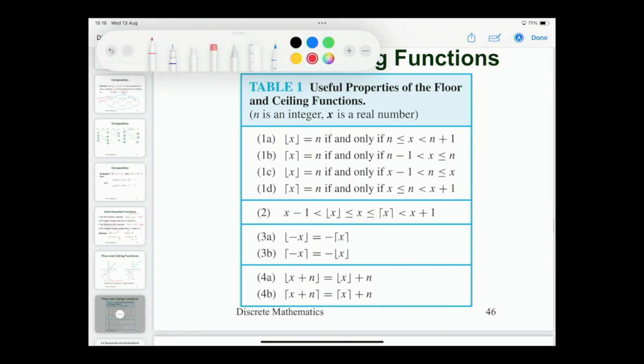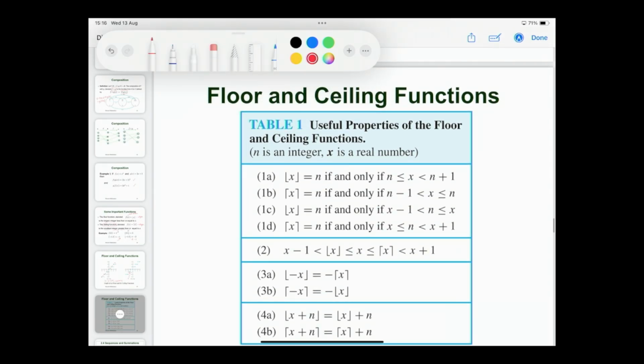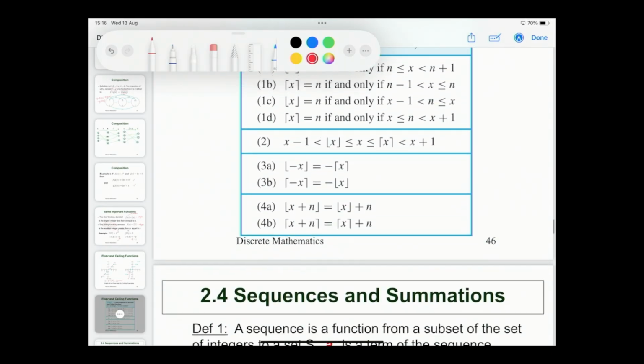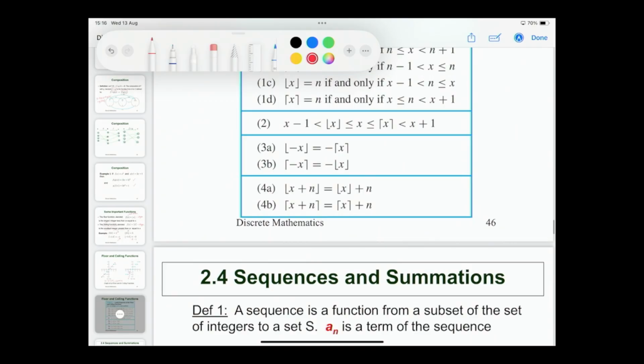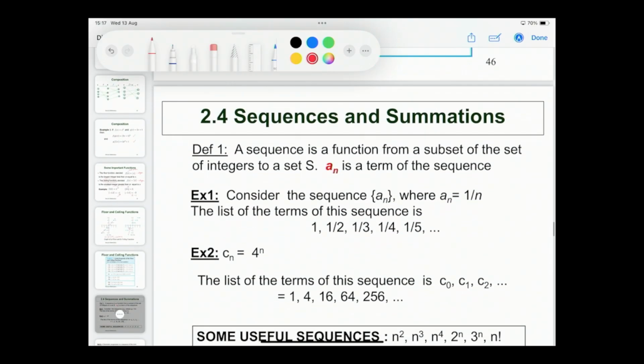You should also check out this table to make sure that you agree with all these properties for both the floor and the ceiling functions.